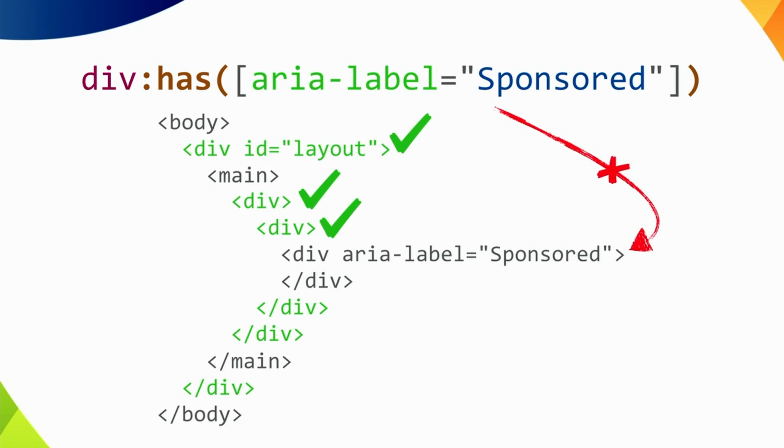Even though we say, look at that div, it has an aria-label with a value of sponsored. But CSS does not speak English. So has really means has relationship. This selector selects a div that has a relationship to an element that has aria-label equals sponsored. Okay? It cannot have that relationship with itself.